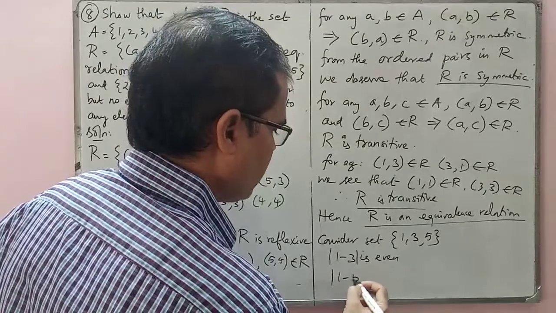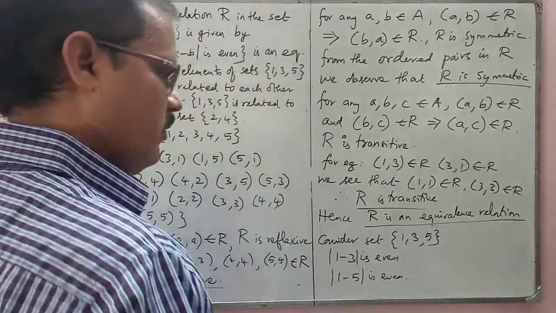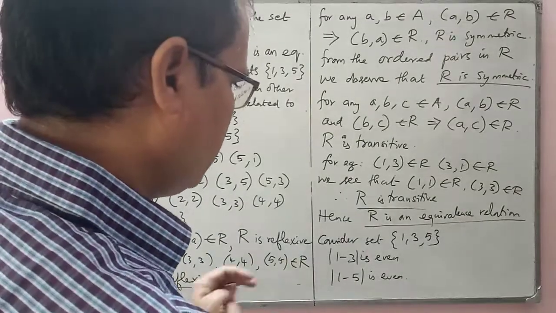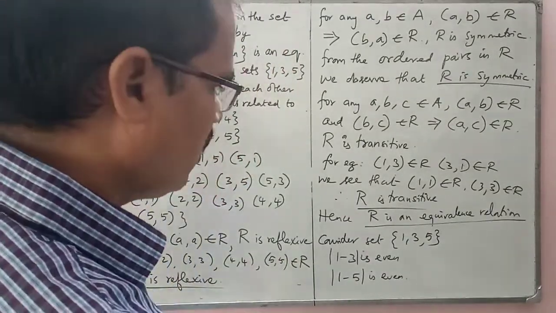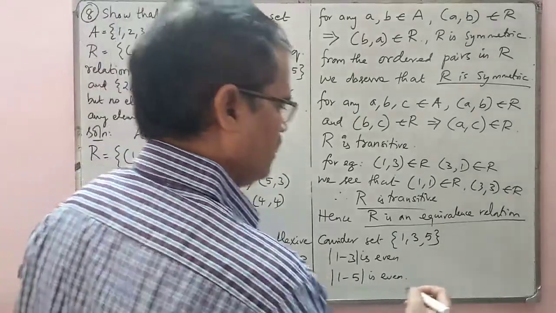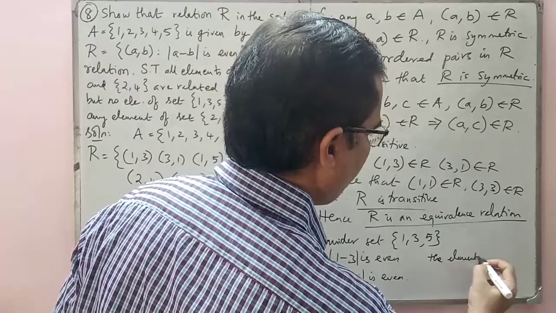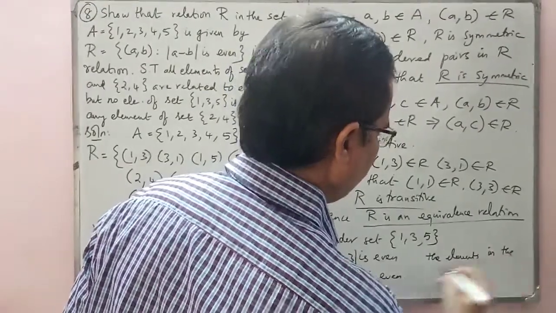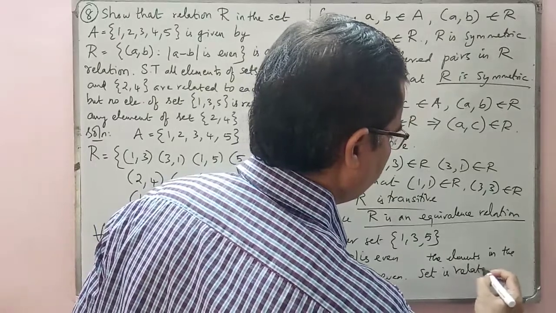Similarly, 1 minus 5 is also even. Whatever elements you compare within them, the difference between them is even. So they belong to R. So we conclude that the elements in the set are related to each other.